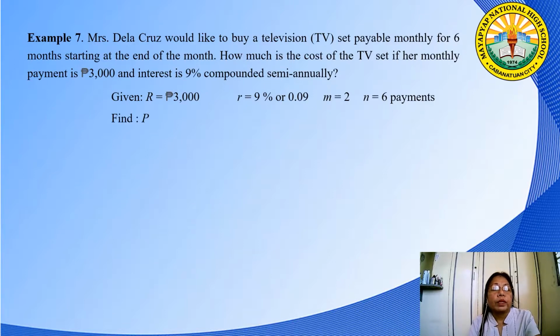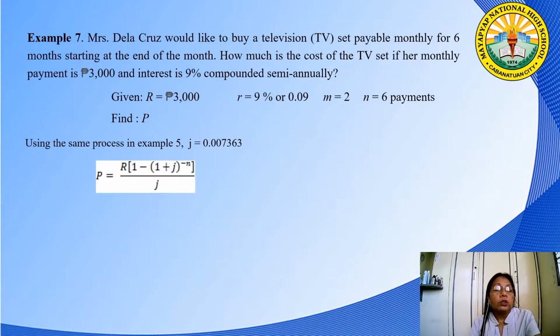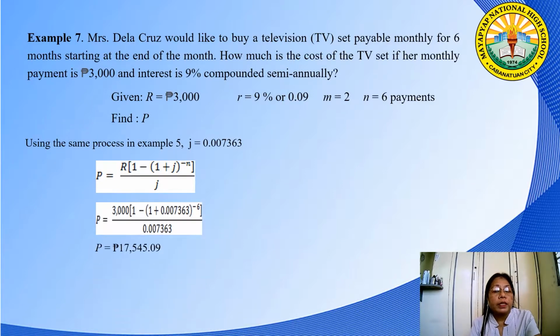Using the same process, assuming that we already solved for J, which is equal to 0.007363, we replace all the given values in the formula. So our P is equal to 17,545.09 pesos. Thus, the cost of the TV set is 17,545.09.